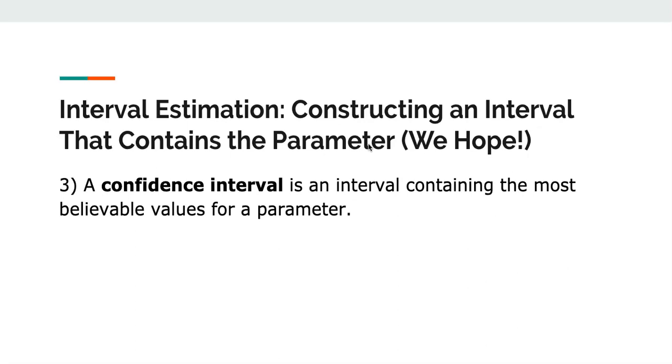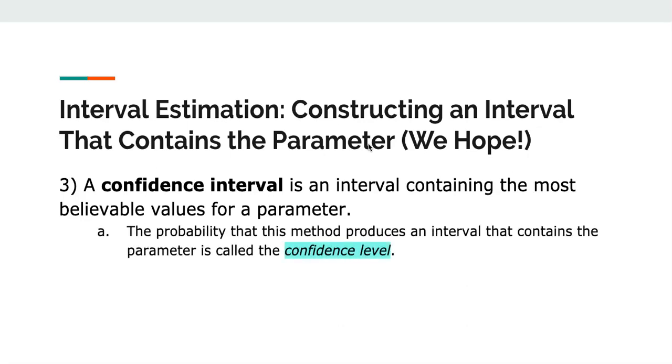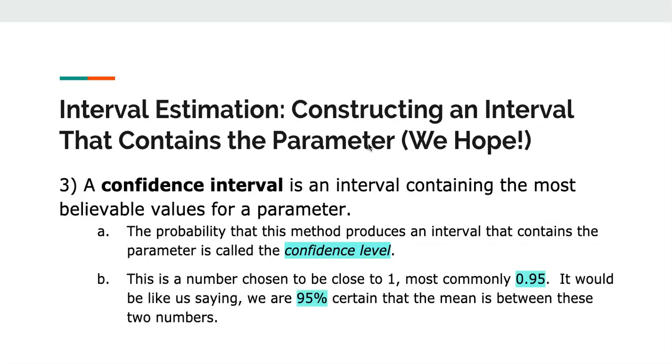A confidence interval is an interval containing the most believable values for a parameter. The probability that this method produces an interval that contains the parameter is called the confidence level. We're going to be given a couple of confidence levels to create some of the most basic confidence intervals in 8.1, just using the standard normal table. But the most common one that we're going to see is the 95% confidence interval.